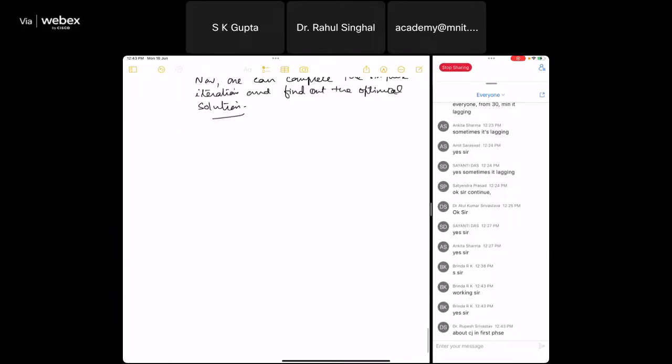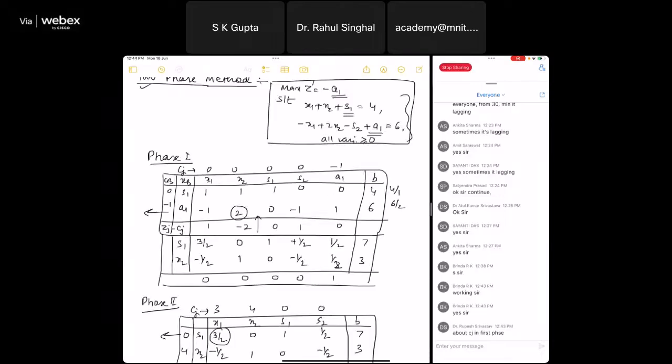Minus 1 is the coefficient of A1 here in the objective function. And why minus 1? Why minus A1? Because we want A1 to be 0.